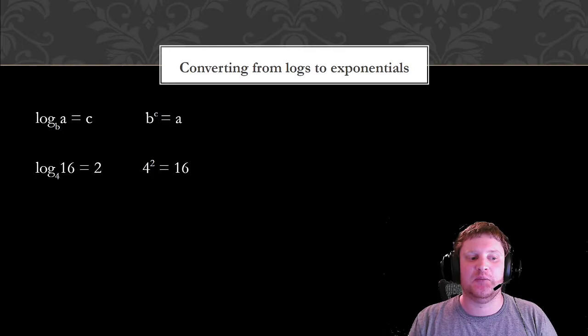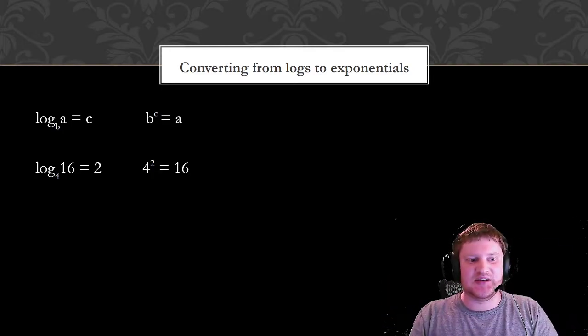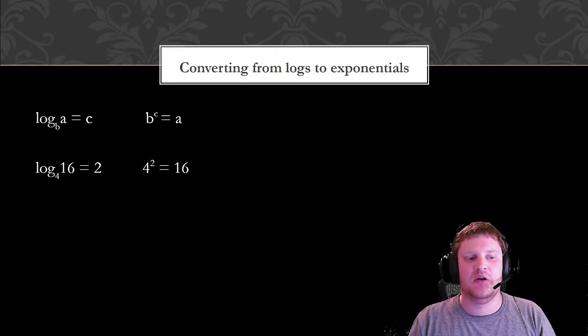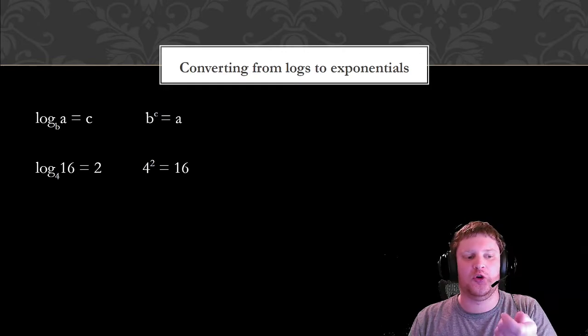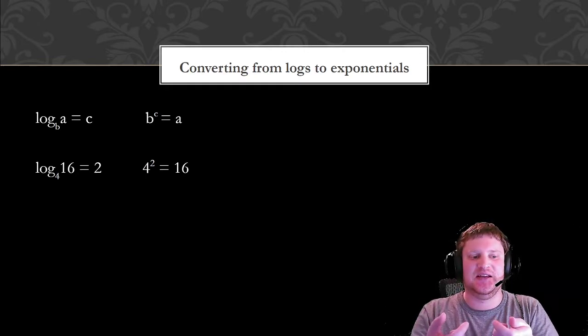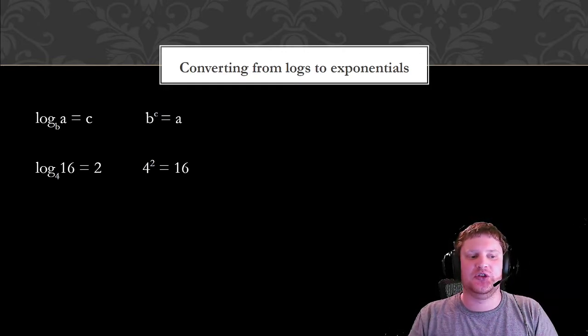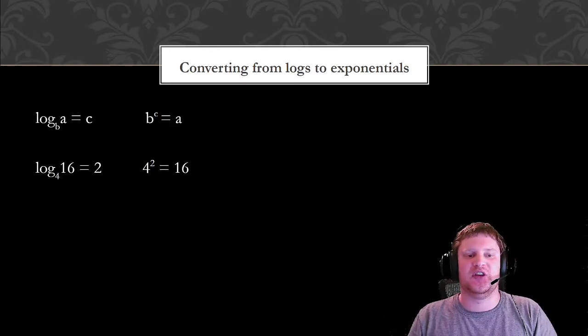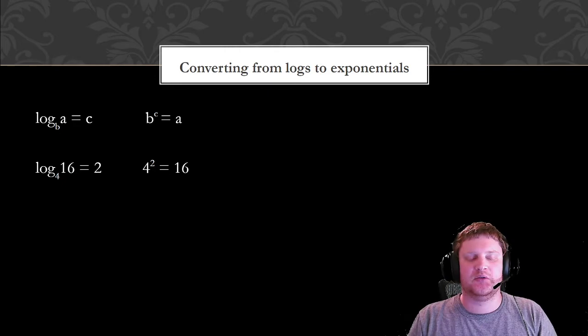So when you see log base 4 of 16, and that's all it says, all it's trying to ask you is what power do you raise 4 to in order to get to 16? Since the answer is 2, log base 4 of 16 equals 2. That's really all a logarithm is. What power do I need to raise this base to get to this number?